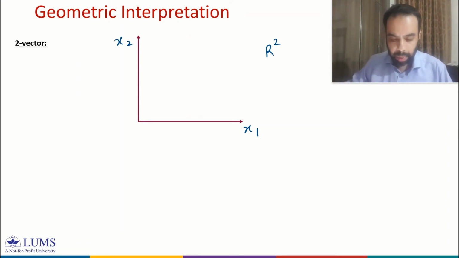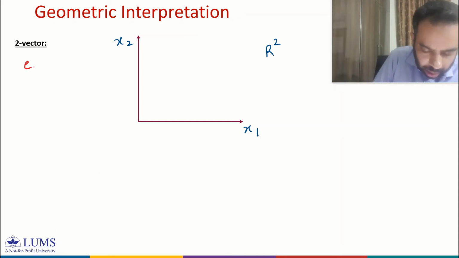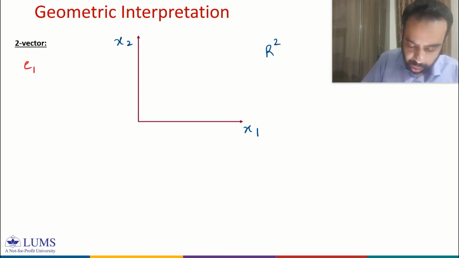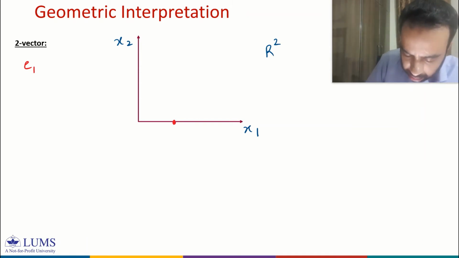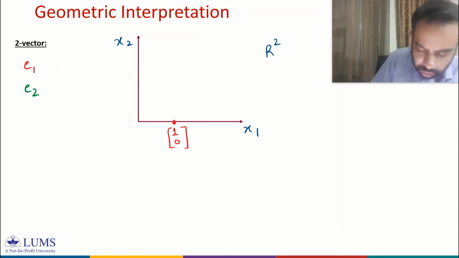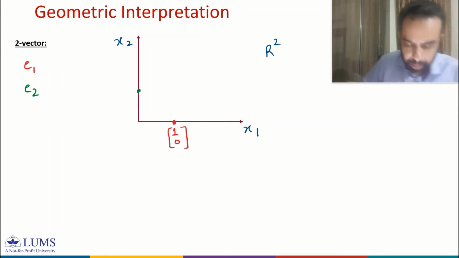So in this R2 plane, we can label different vectors. Say e1, the standard unit vector for the x1 axis, can be represented along this x1 line. This point is where the value of the first coordinate is 1 and the second coordinate is 0. So this is e1. Similarly, we can label e2, somewhere here.